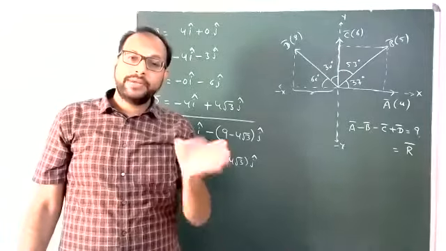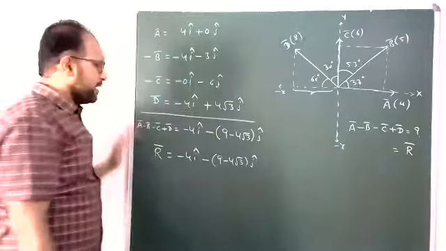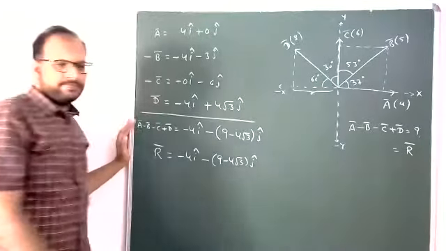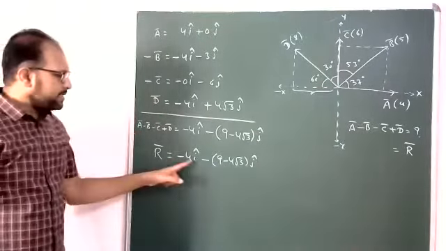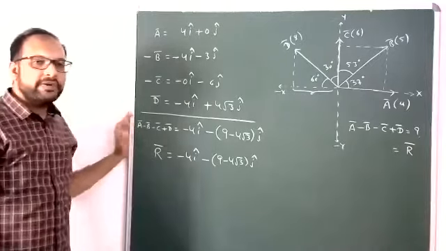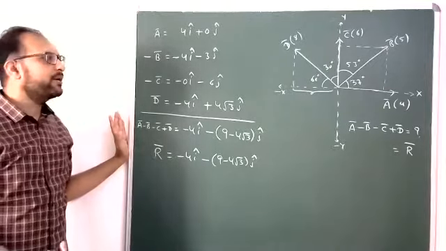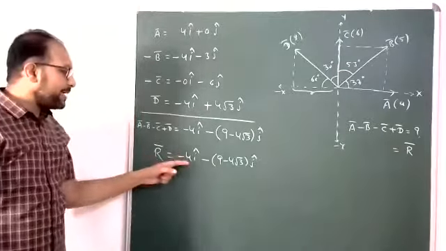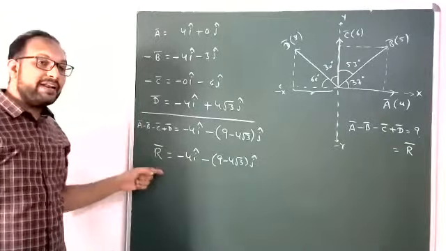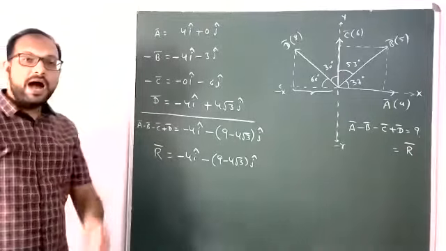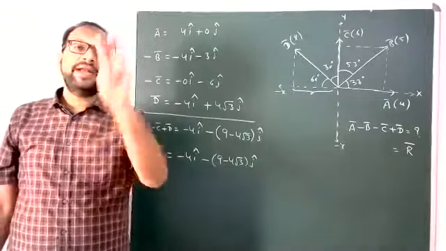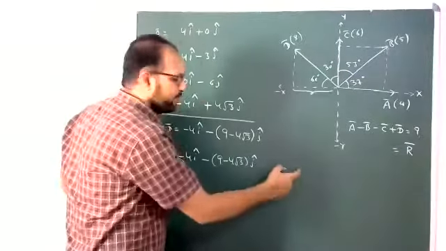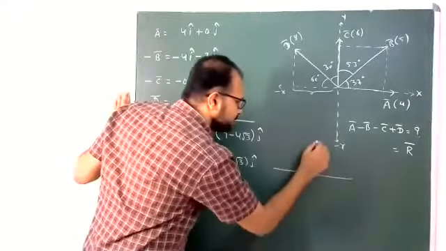Now we need the magnitude and direction. Again the same coordinate system: x component negative, y component negative. Which quadrant? Third quadrant. So our final vector is in the third quadrant. To avoid confusion, I am drawing it, students.